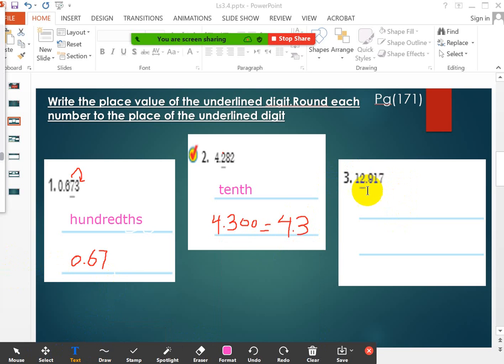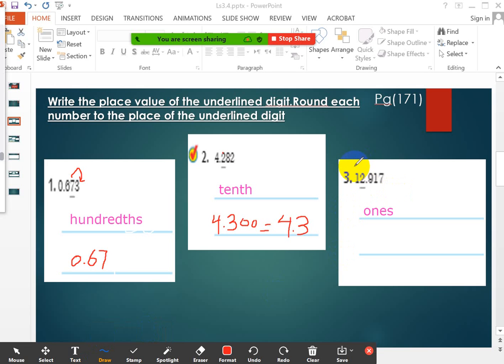Now, I want you to tell me the place value of this underlined digit. The place value or the digit right here is what? Ones. Very good. That's right. So I will round the number into the nearest ones here.